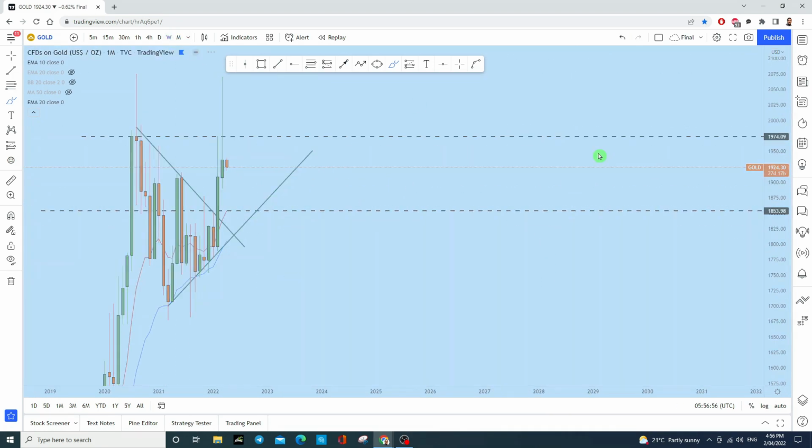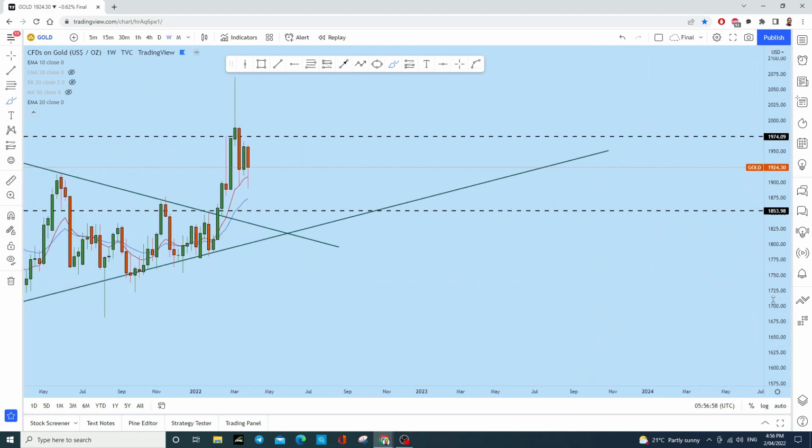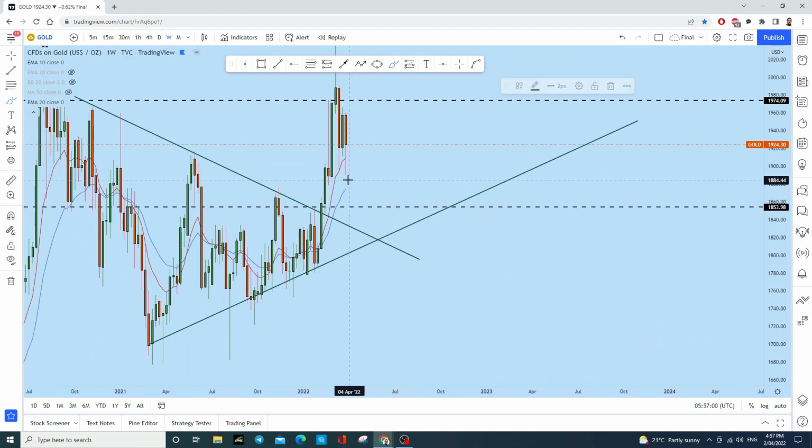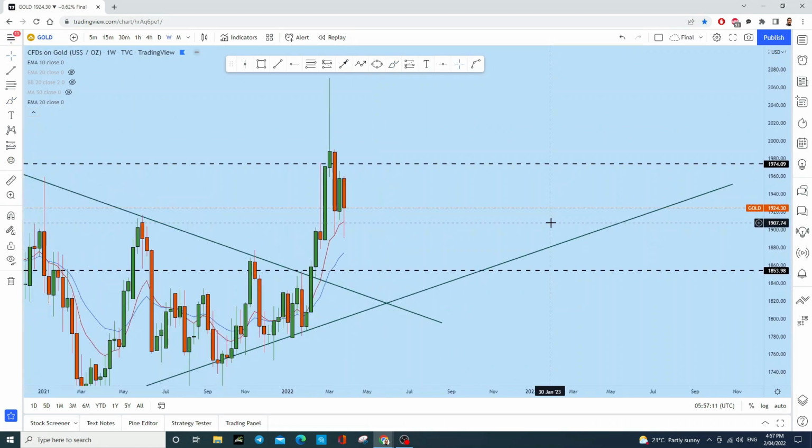So let's see how it is happening on the weekly. Now weekly, we saw that previous week the price broke this previous support and again closed above. So from here, so far I think that gold will drop to this level. So still it is a bit bearish. And let me predict this week.